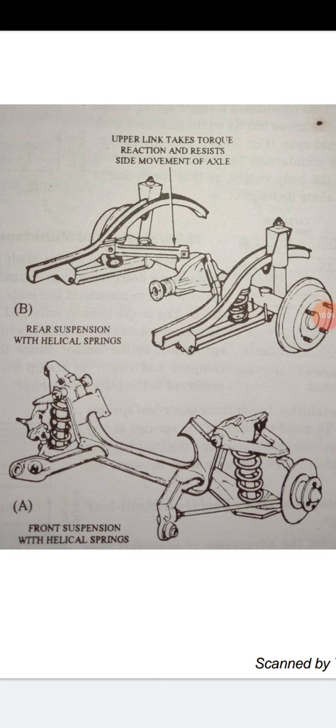You have to reduce this rolling tendency of the car, because if you don't reduce the rolling effect, then your car will roll over and that will cause an accident. So to reduce this rolling effect, we can use the stabilizer bar at the front of the vehicle, but in some vehicles we use this stabilizer bar on the rear axle also.